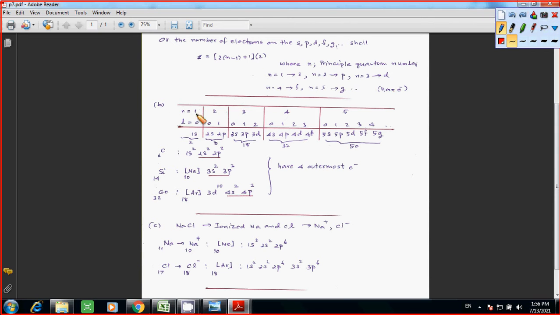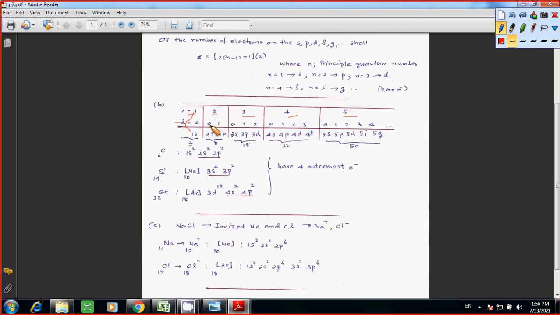This is for n equal to 1, 2, 3, 4, 5, and this is your L. For n equal to 1, L equal to 0. This becomes 1s, so you have a total of 2 electrons.